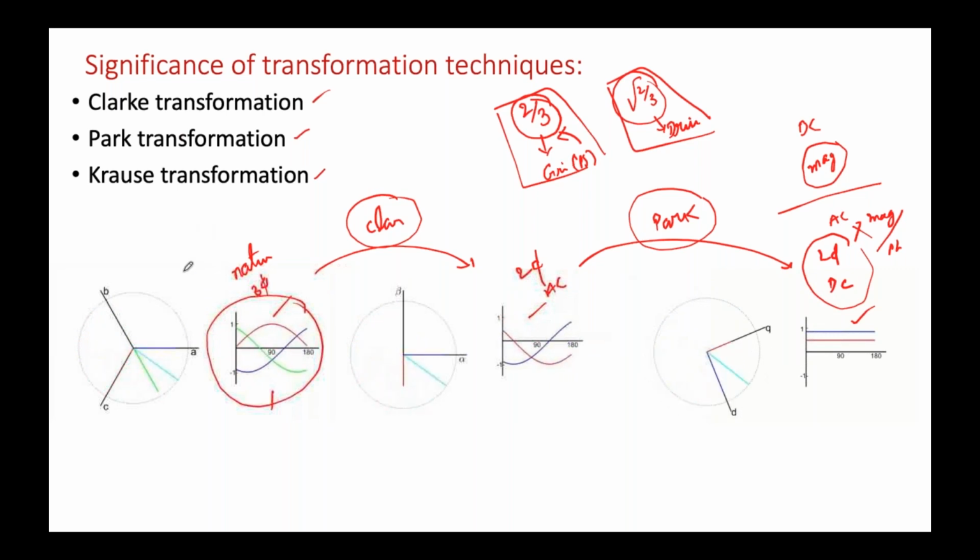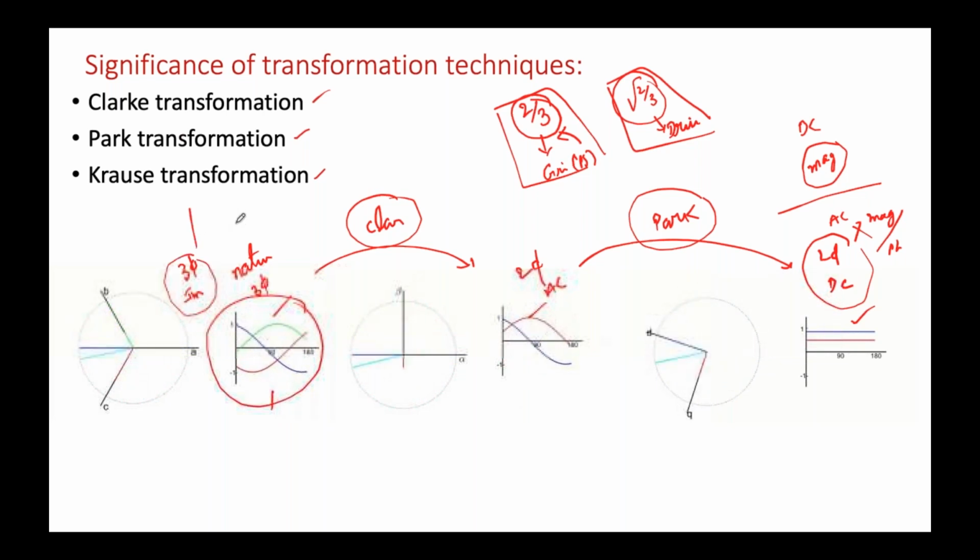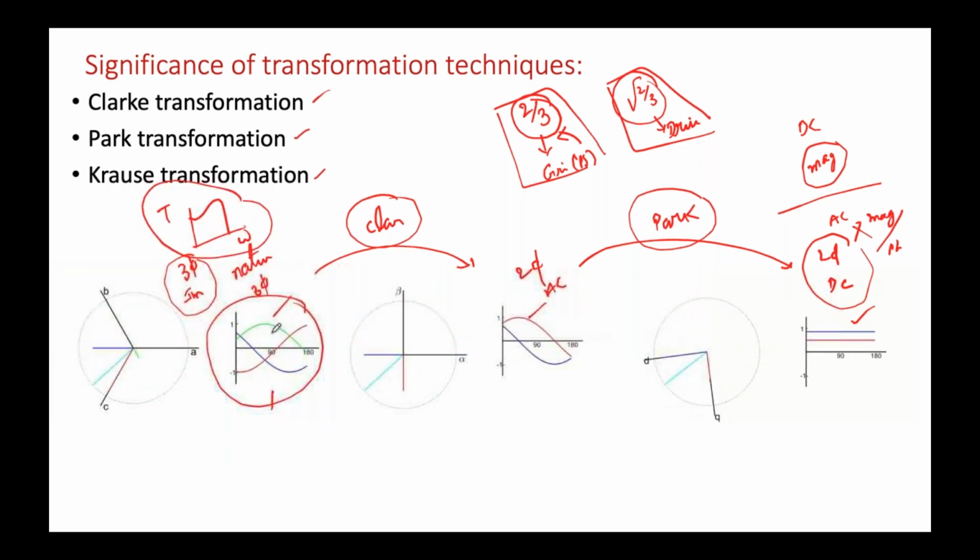Let us assume that we take a three-phase induction machine. Let us assume that these three signals are the three-phase applied voltage to the induction machine. Then whenever you apply the three-phase balanced voltage to the three-phase induction machine, you will get the speed torque characteristics of the induction machine like this. Whatever torque speed profile you are getting by using three-phase balanced voltages, the same torque speed characteristics you will get without changing amplitude, without changing position.